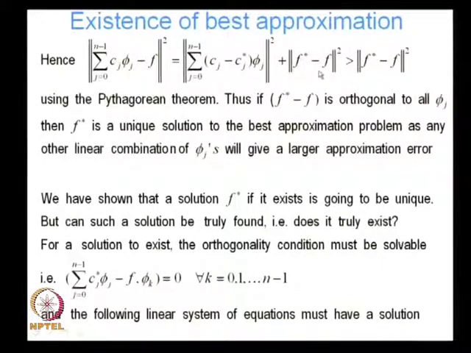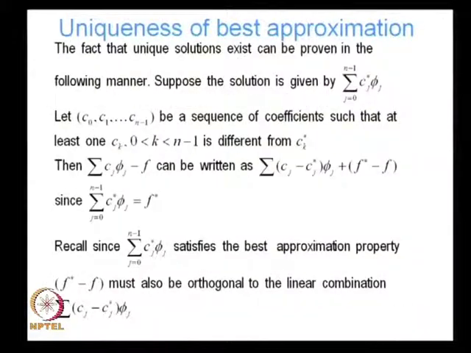Because these are orthogonal, because I just said that this must be orthogonal to that, and I express this as the sum of this and the sum of that, and each of this is orthogonal. Then I use my Pythagorean theorem and say that the norm of this square must be equal to the norm of this square plus the norm of that square, simply because these are orthogonal.